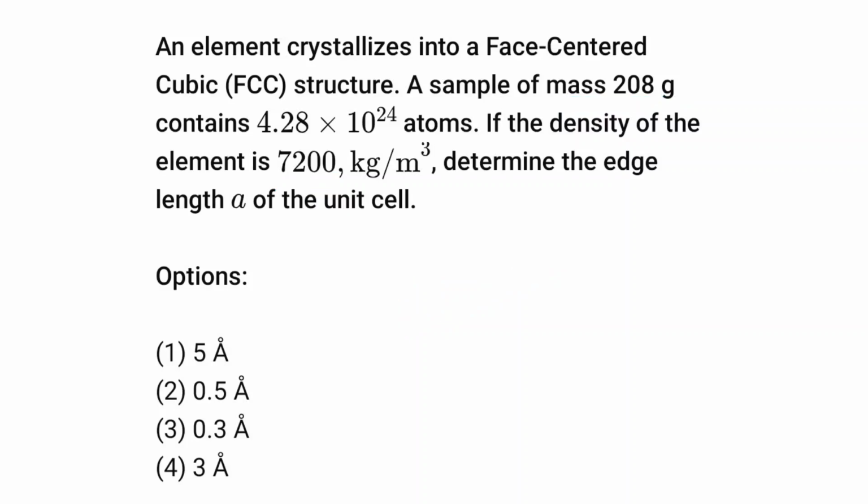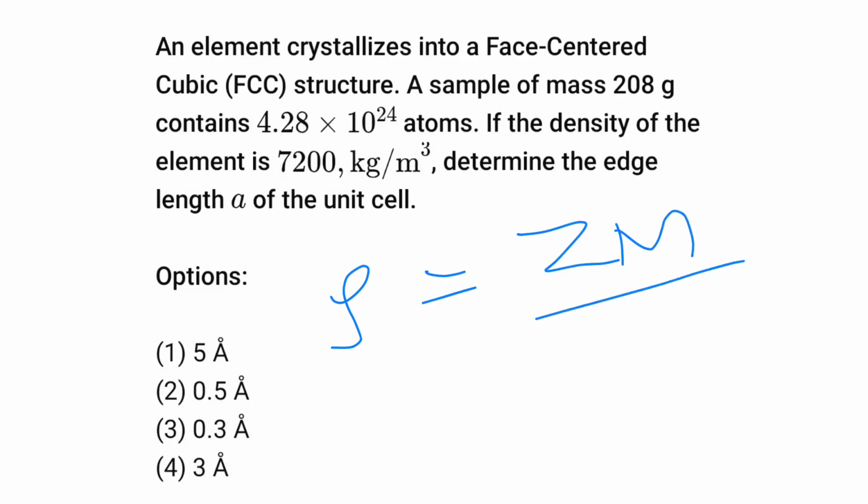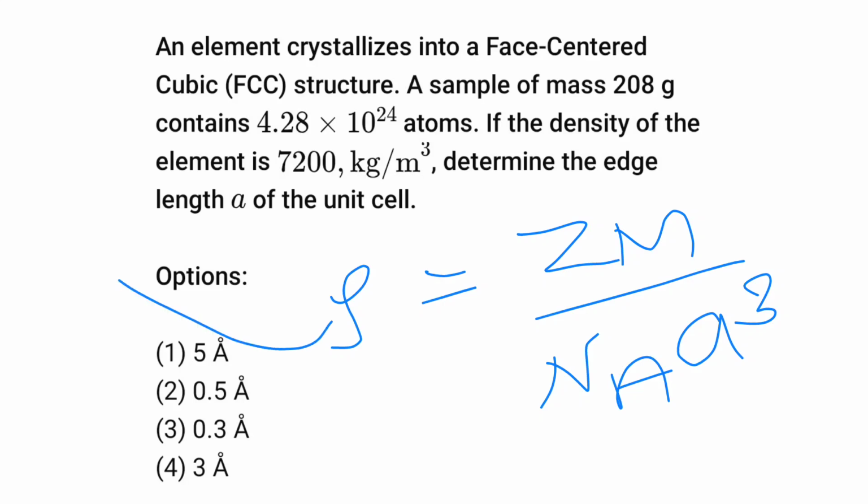You know the density formula, rho equal to ZM by Na a cube. Rho is the density, Na is the Avogadro number, Z is the number of atoms per unit cell, in FCC it is 4, M is the molar mass, and a is what we have to find.